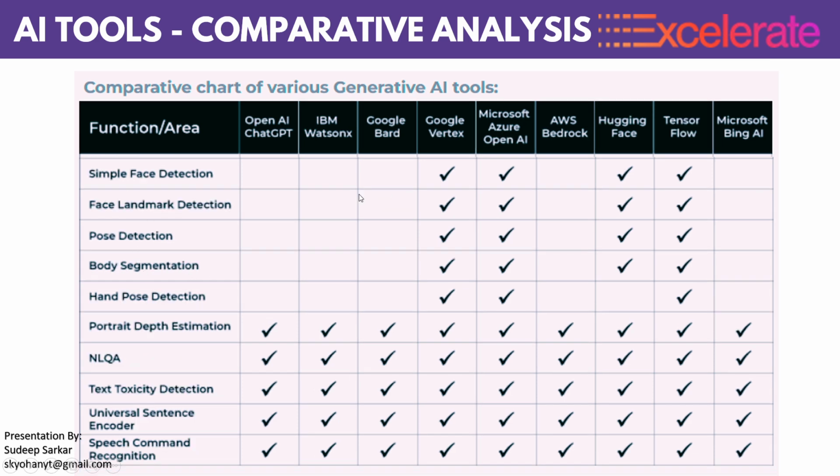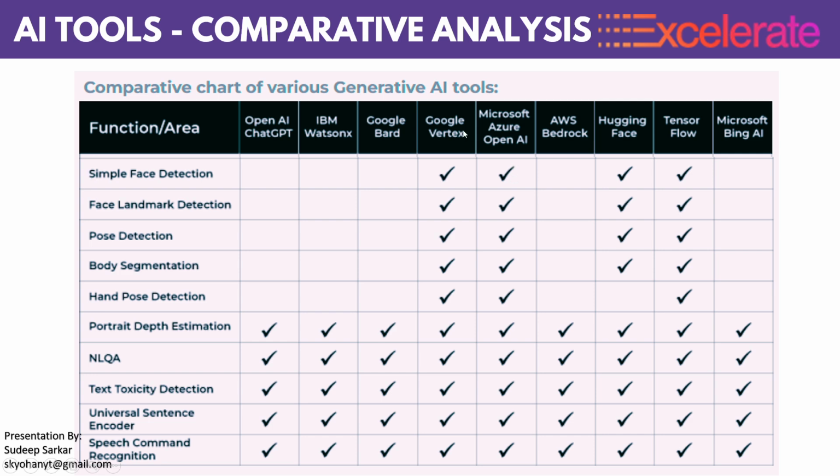Similarly, simple face detection. Now, OpenAI ChatGPT is not much trained for this. IBM Watson and Google Bard are not trained for image related stuff, so they are mostly text to text, text based chatbot working things.